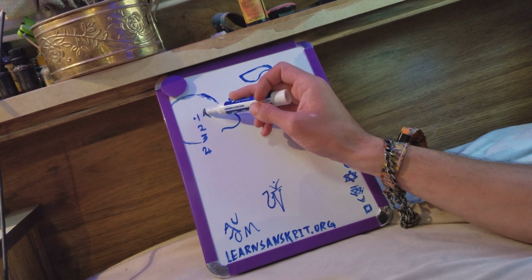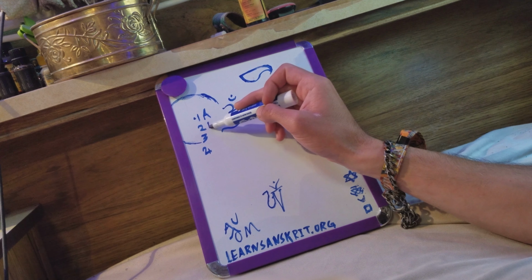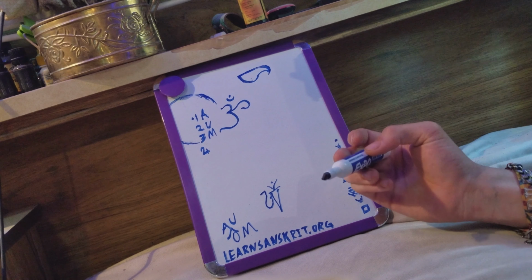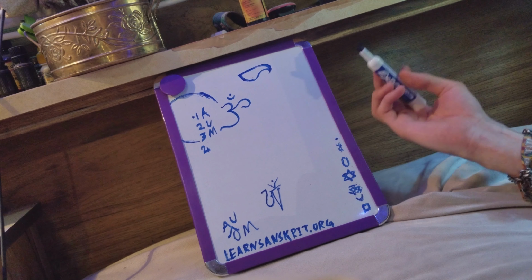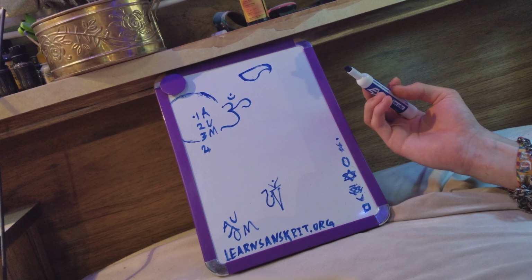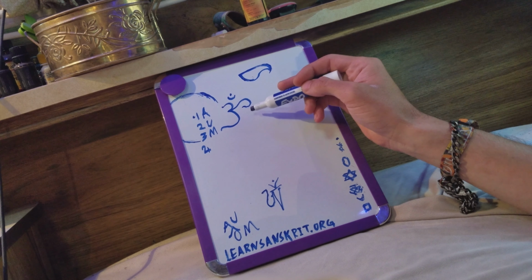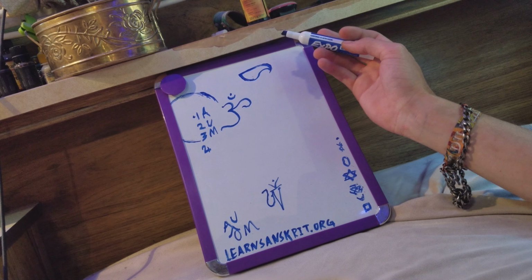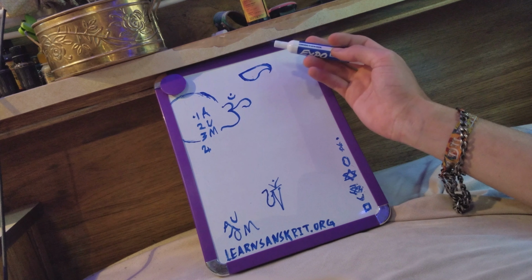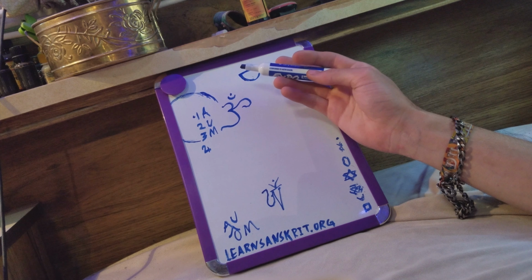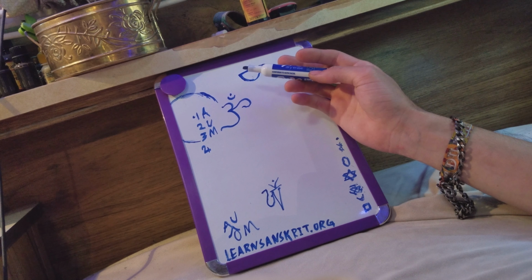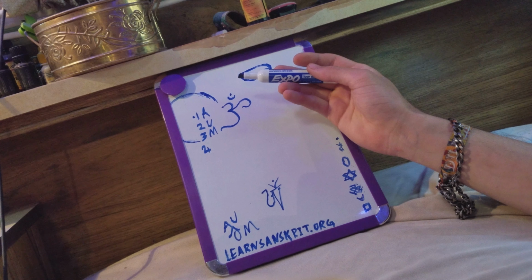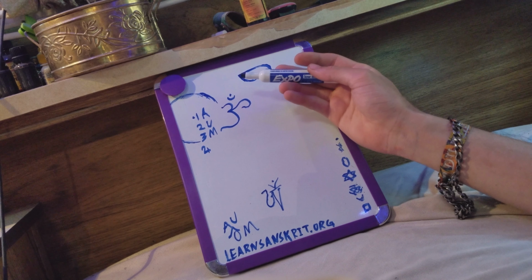So this is the AUM mantra. And how this is generally represented right here in, I believe, Sanskrit script. It represents the 3 stages of existence or experiential existence.